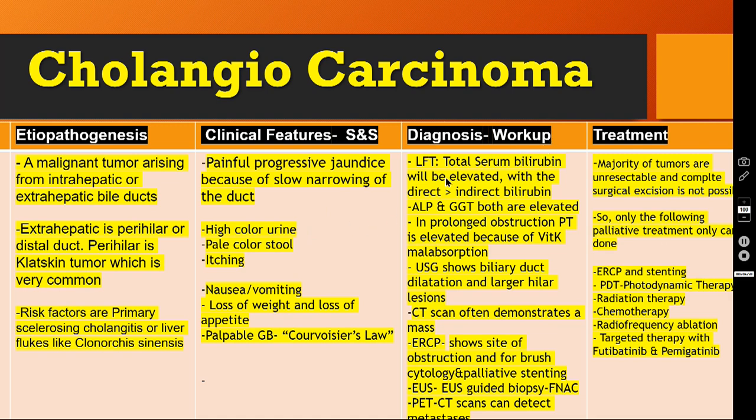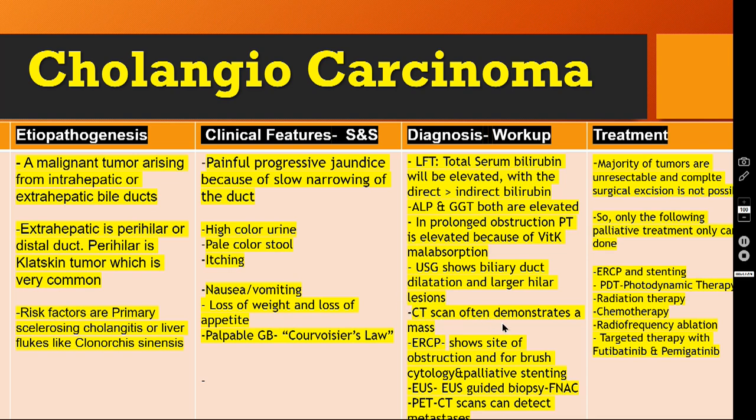Diagnostic workup again LFT, total serum bilirubin will be elevated with direct more than indirect. Both ALP and GGT are elevated. In prolonged obstruction, prothrombin time is elevated because of vitamin K malabsorption in these patients. Ultrasound shows biliary tract dilatation and large hilar lesions.